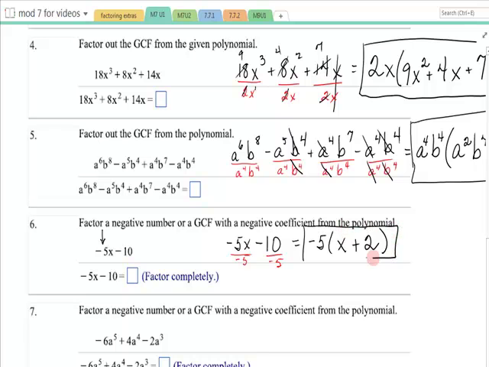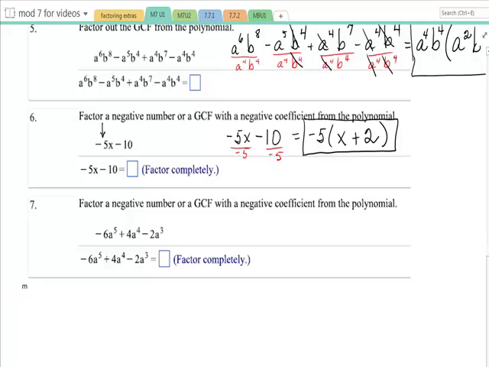So when and if the first term is negative, I don't care what all the rest of the signs are. If the first term is negative, always factor out a negative common factor. Okay, one more. I have -6a to the 5th plus 4a to the 4th minus 2a to the 3rd.